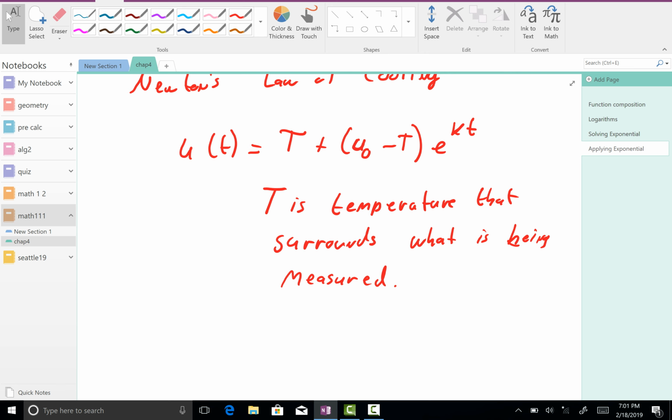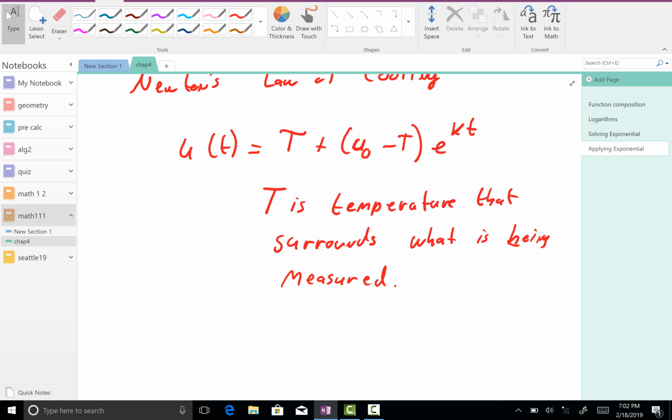Even if you have one of those insulated ones, you're not going to get a whole lot of effect out of that. That's why they're the way they are. But if you just got a regular old water flask or cup from Arby's, it's sitting in this room and it's getting affected by whatever is in there. So that's what T is. T would be like the temperature of the room.